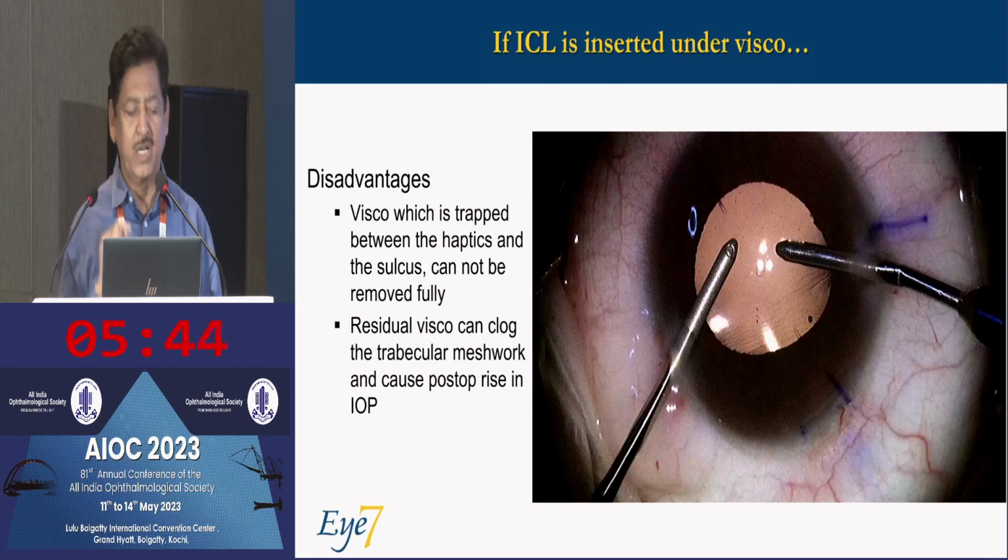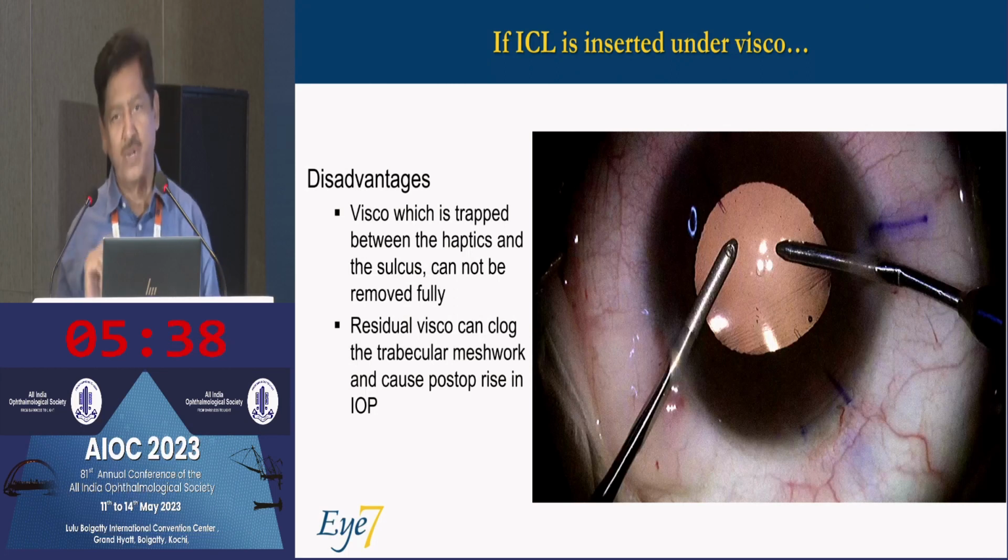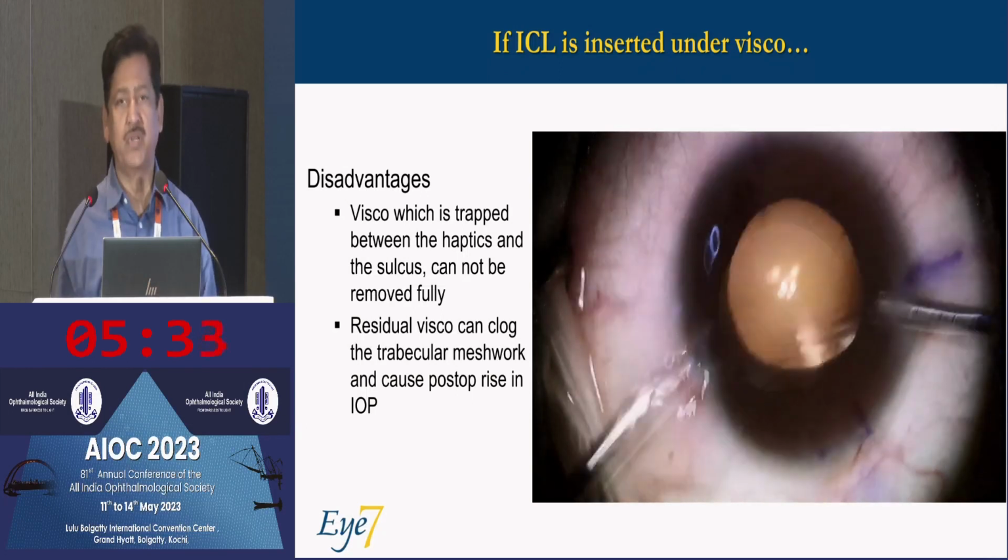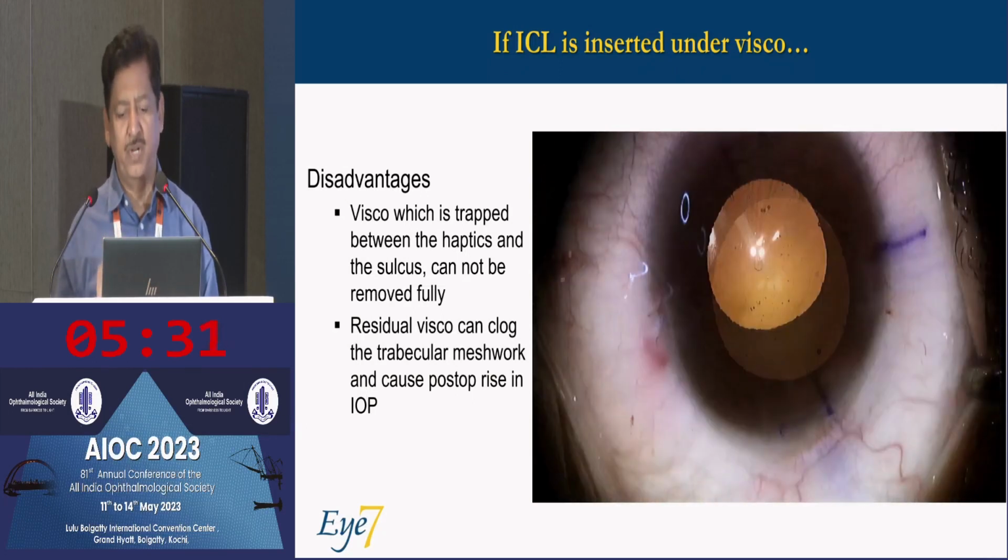Residual visco can clog the trabecular meshwork and cause a post-op rise in IOP, and this is fairly common. I'll show you a video and the reason why.